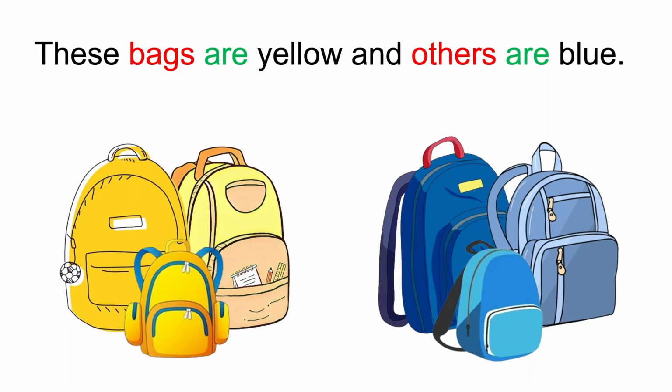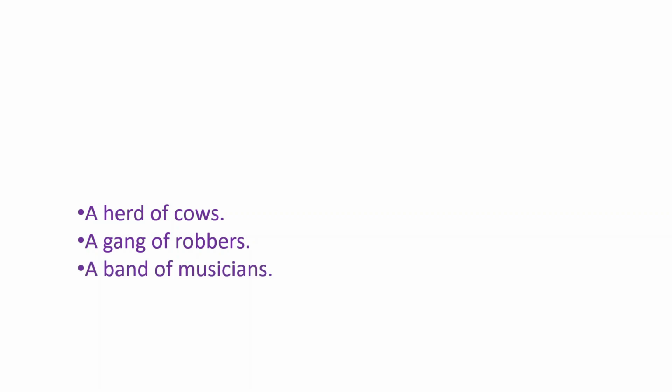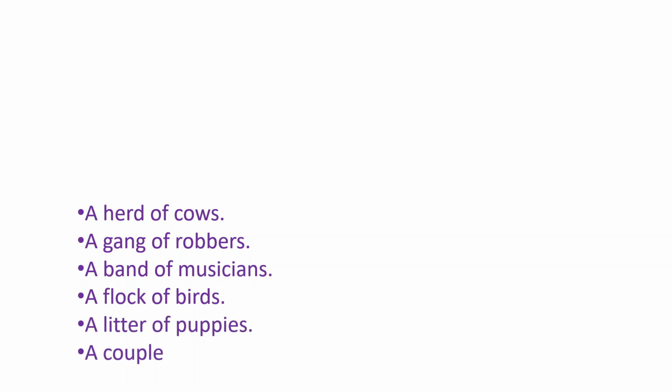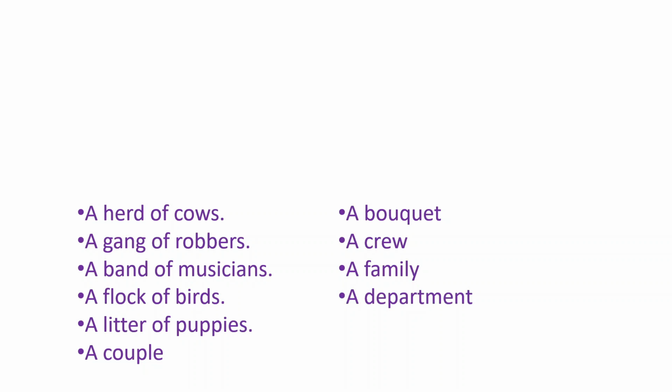Now that we already know what to do with indefinite pronouns, let's talk about another potentially confusing subject, such as a herd of cows, a gang of robbers, a band of musicians, a flock of birds, a litter of puppies, a couple, a bouquet, a crew, a family, a department, a team.